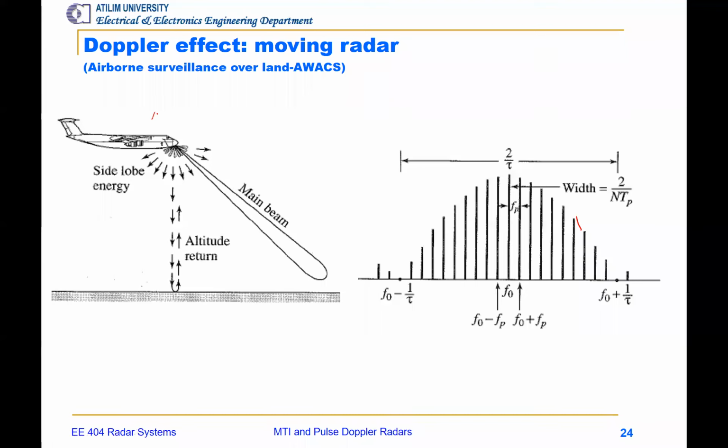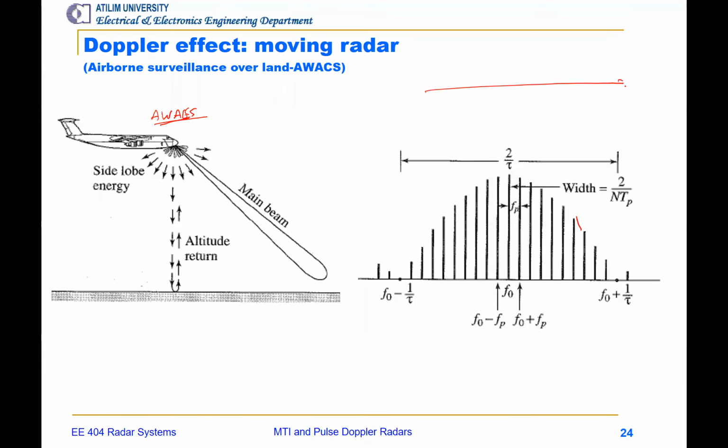Here is, let's say, an AWACS. We have already talked about that. That's an air platform which has a long-range radar, and the antenna emits energy, and there is a main beam and some side lobes in here.